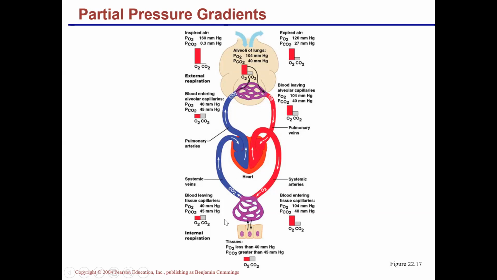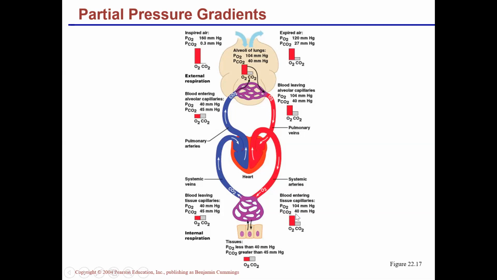If you look at the internal respiration here, look at the blood. Let me have some water. If you look at this oxygenated blood, oxygen-rich blood, PO2 is about 104. Partial pressure for CO2 is about 40.